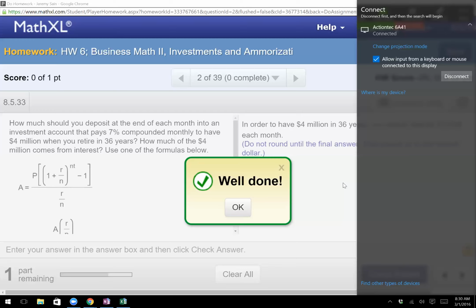So I paid in $80,000, and so $120,000 minus that, $39,000 came from interest. I didn't realize I wanted both of them.